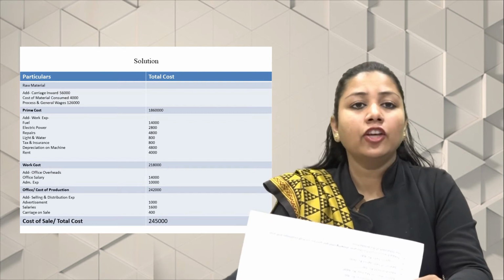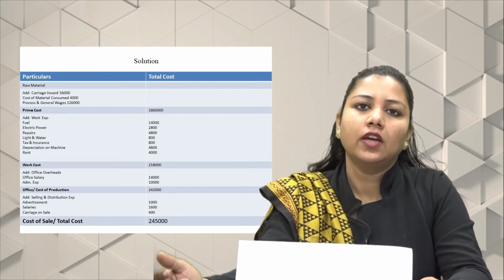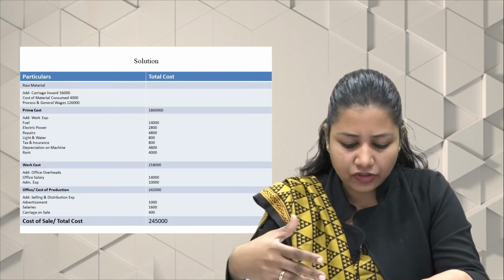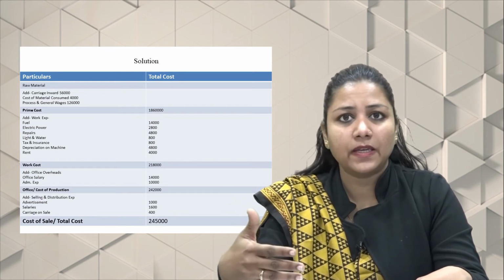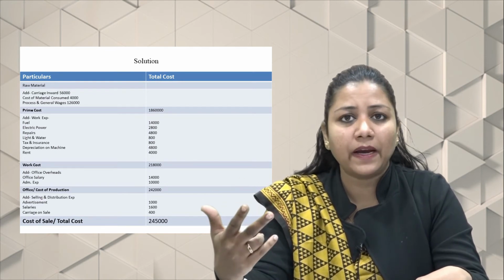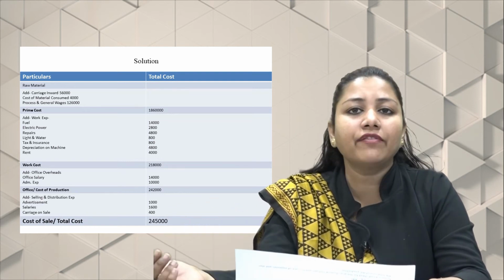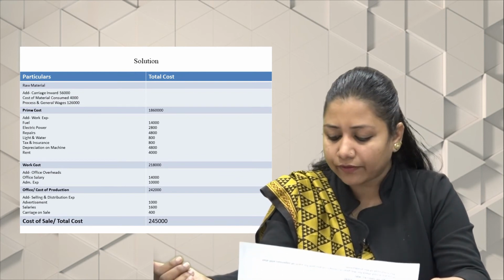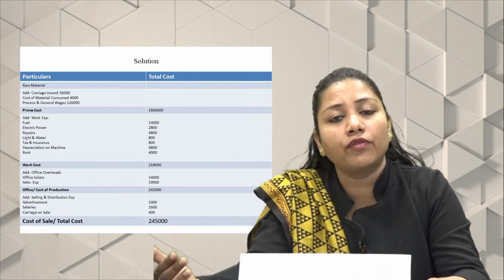We add these two expenditures to the work cost, so we can find the administration cost. The administration cost will come to 2,42,000 after adding all the expenditure of the office.